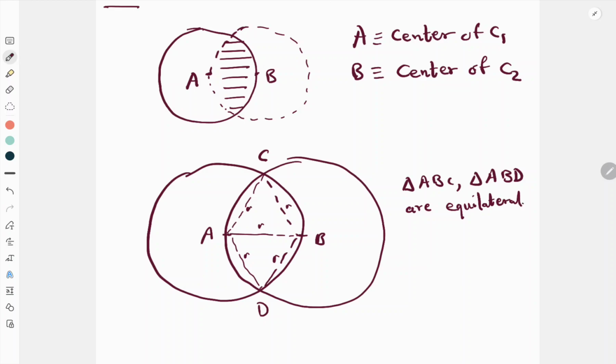But still, how do we calculate the area? Because this is an irregular shape and we cannot directly calculate its area. The one thing to note here is, I'm going to focus on this circle with center A. Let's look at this arc from C through B to D. Can I calculate this area first? Not the dotted region, but just the region with the lines.